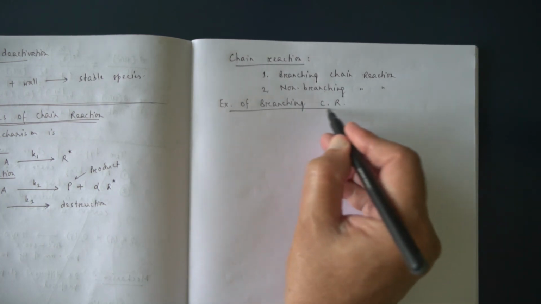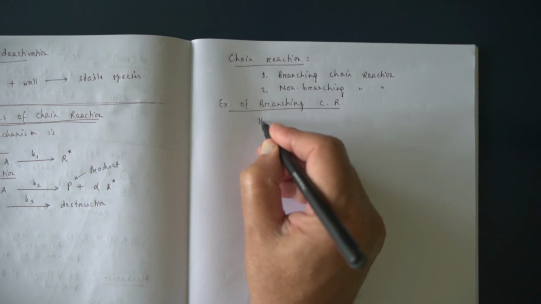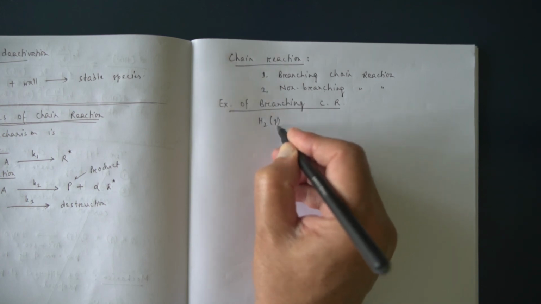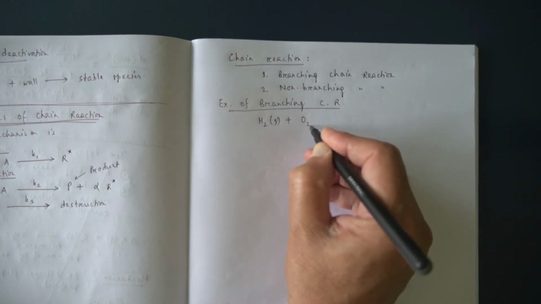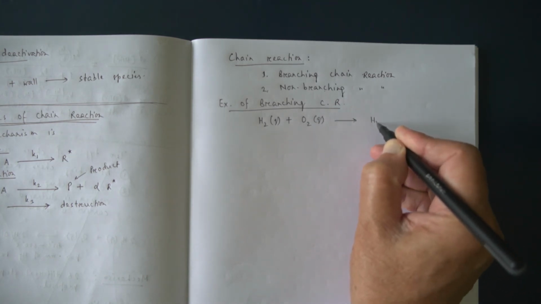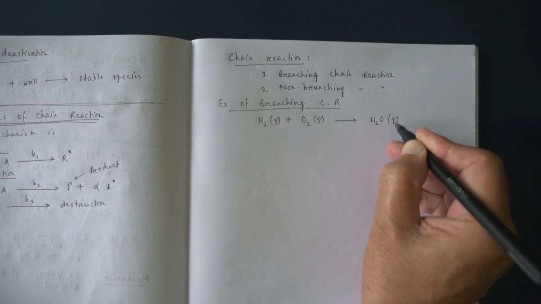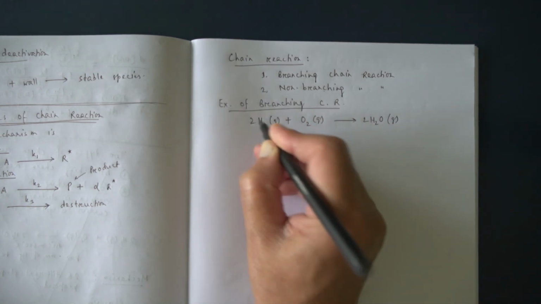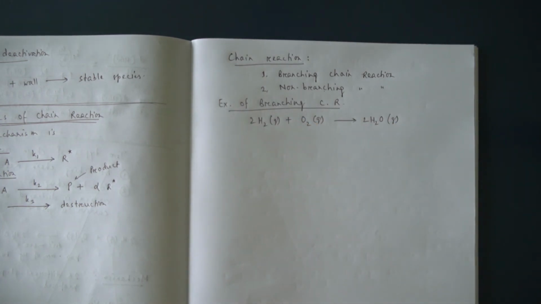is the reaction between hydrogen and oxygen to form water. This is an example of branching chain reaction.